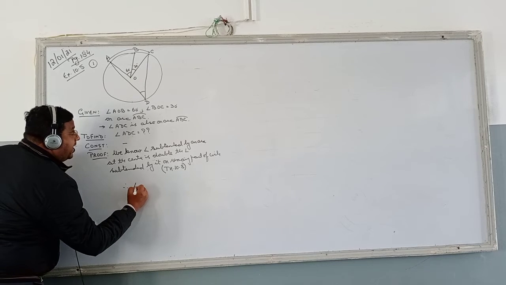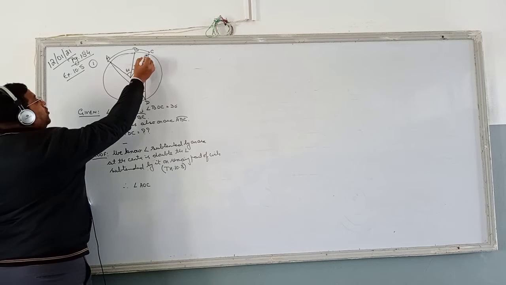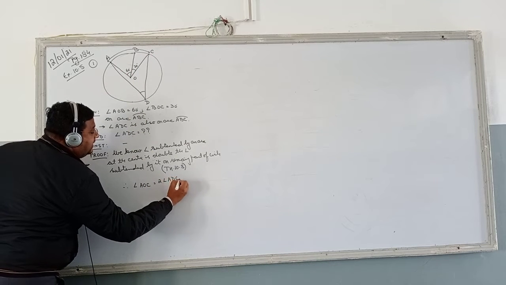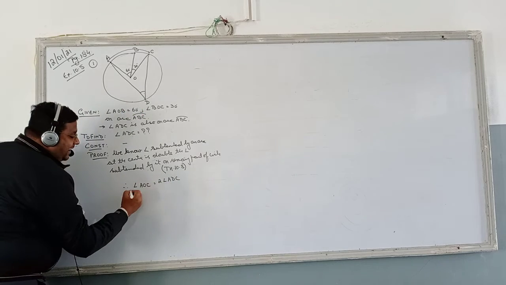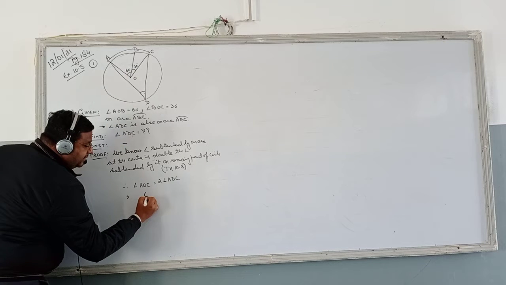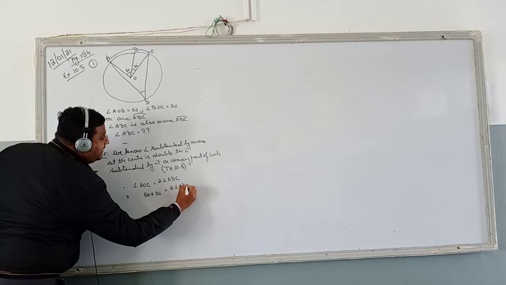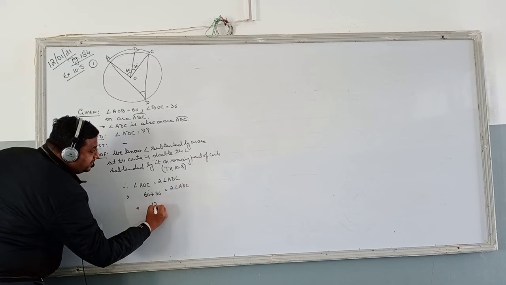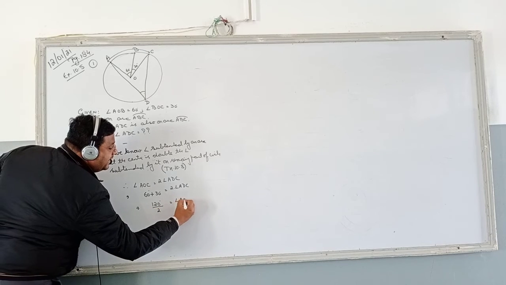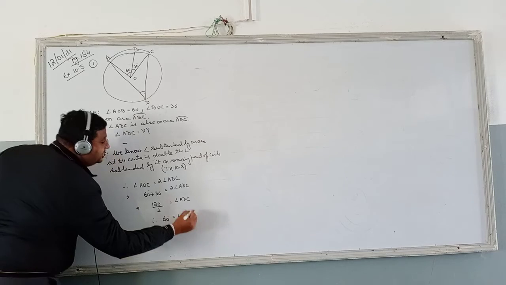So therefore angle AOC is equal to twice angle ADC. Angle AOC is made of two angles, 60 plus 30. 60 degrees plus 30 degrees is equal to twice angle ADC. 2 is in multiplication, so it goes into division.